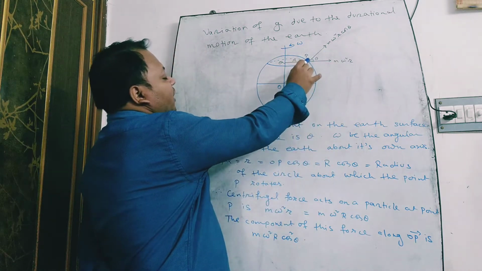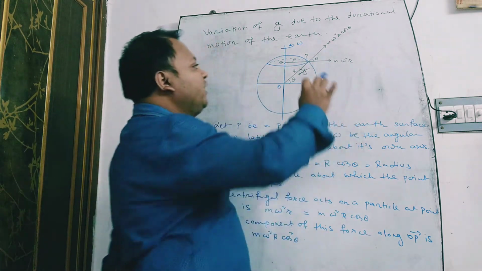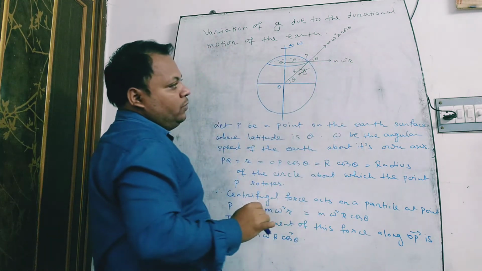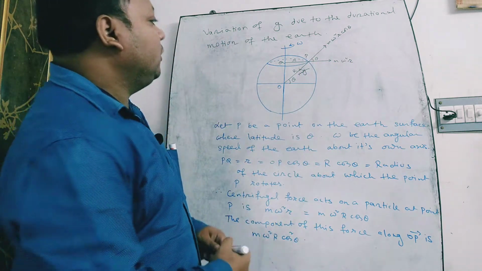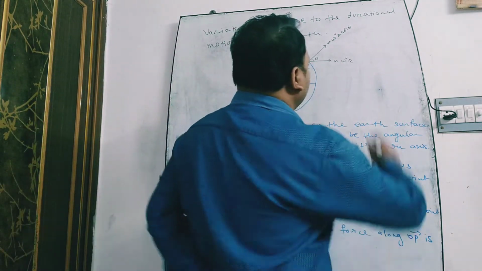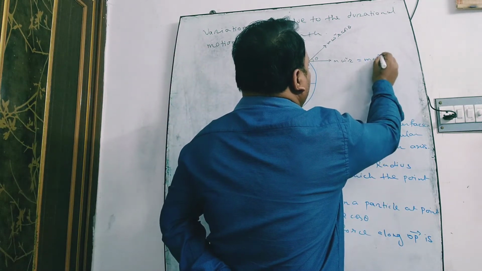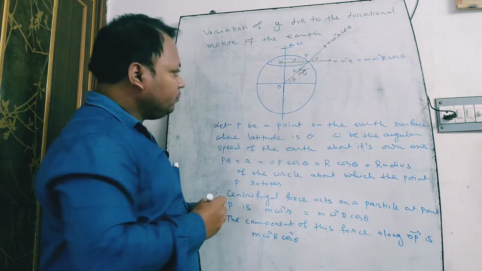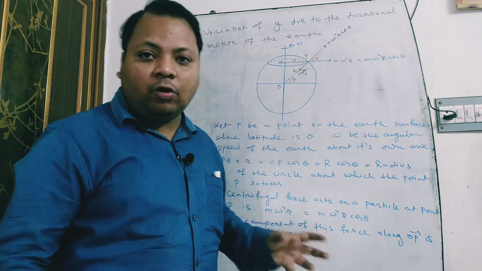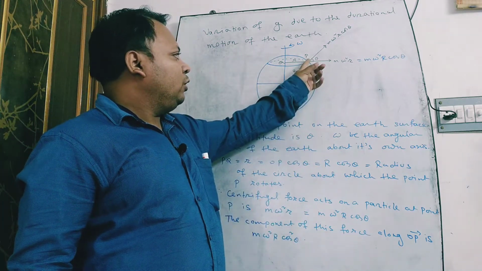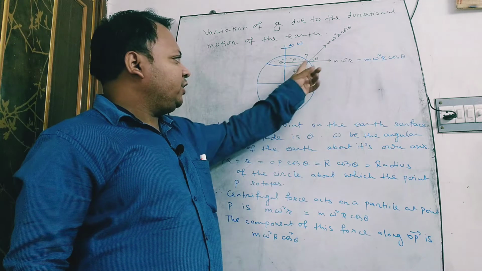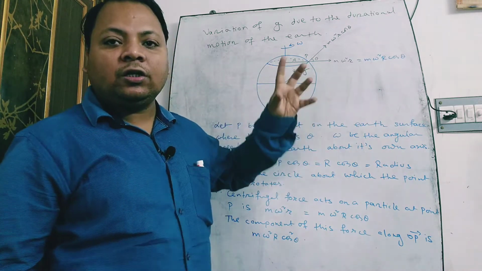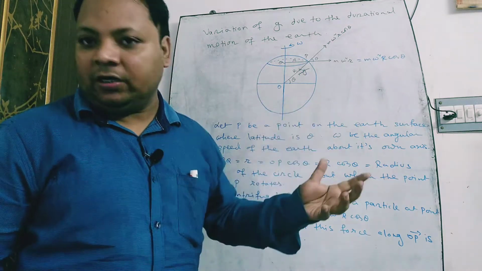The centrifugal force experienced by a particle at the point P is m omega square small r. And this is equal to m omega square capital R cos theta. The weight of the body acts along the PO direction. The weight of the body is mg without the effect of the diurnal motion of the Earth.